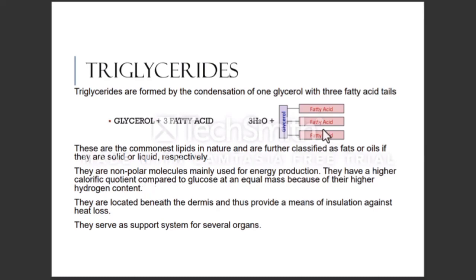It means that the energy your body can obtain by breaking down fat or triglycerides is very high compared to other macromolecules like carbohydrates. Why is it that your body can obtain more energy by breaking down fat than carbohydrate? Because of the hydrogen content of fat. Fats have a lot of hydrogen content, so they can produce more NADH. You will see that when you do metabolism.